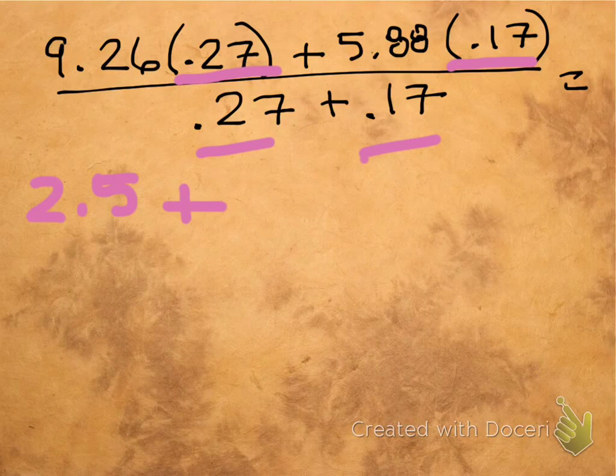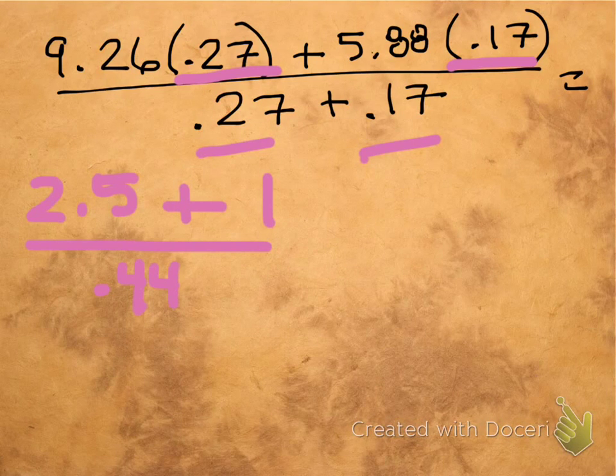I'm just following order of operations here, which is about 1. It's 0.9996, so I rounded it to about 1. And that's going to be over 0.27 plus 0.17, which is 0.44.